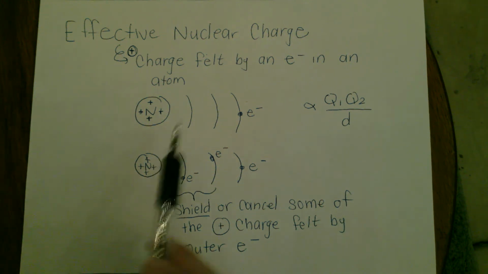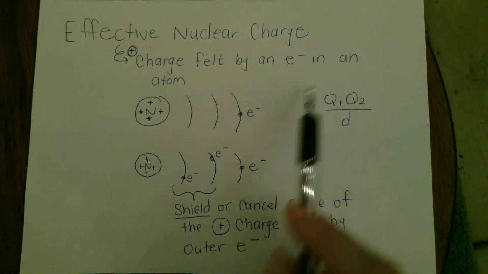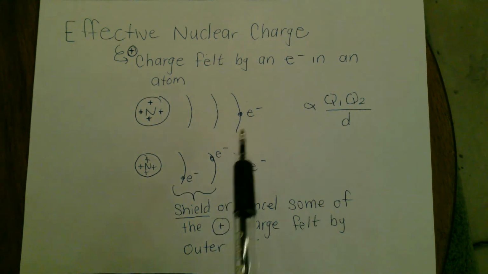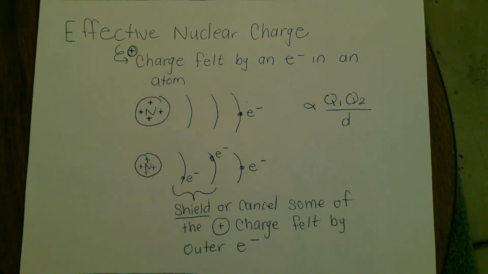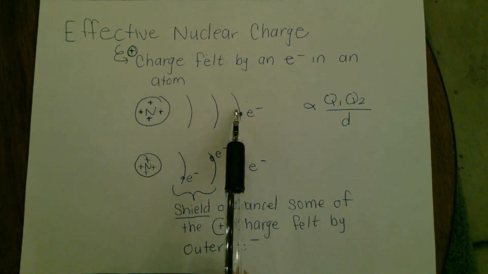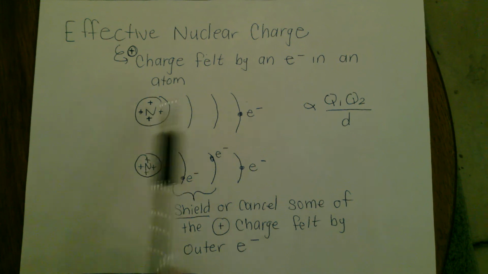We don't. The energy holding that electron in is given by this formula here that we talked about in chapter 5. So the energy is proportional to Q1, Q2, where that's the charge of your positive particle and the charge of your negative particle divided by the distance. So as we move further away from the nucleus, or D gets larger, the energy required to hold that electron to that atom is going to decrease.